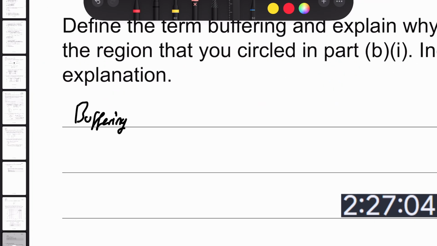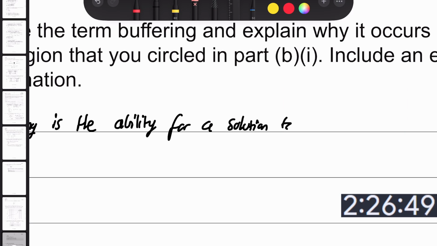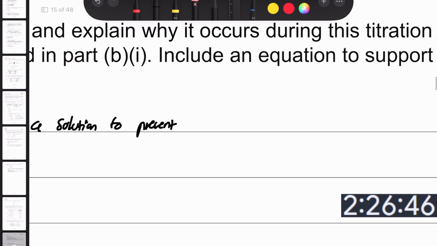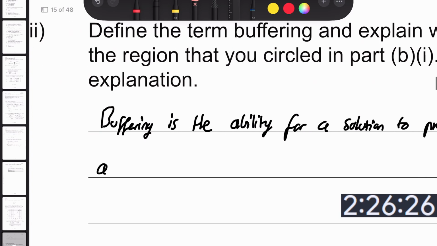Buffering is the ability for a solution to prevent significant changes in pH as small volumes of acid or base are added.